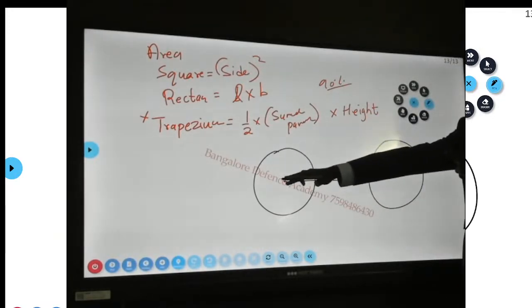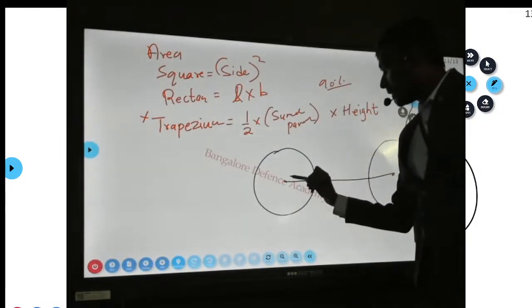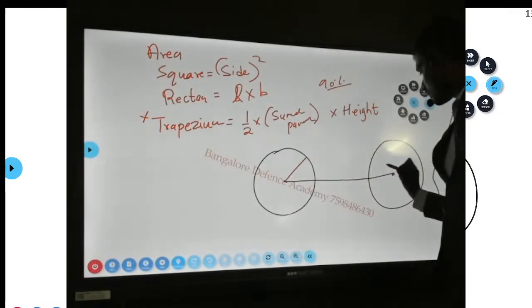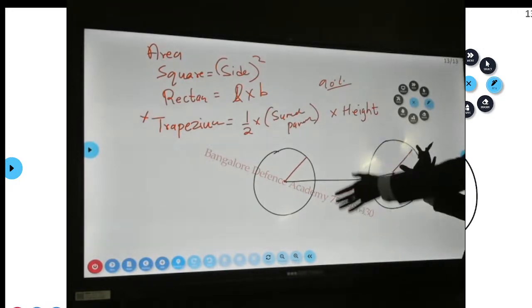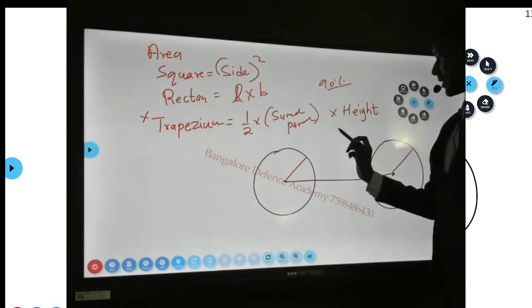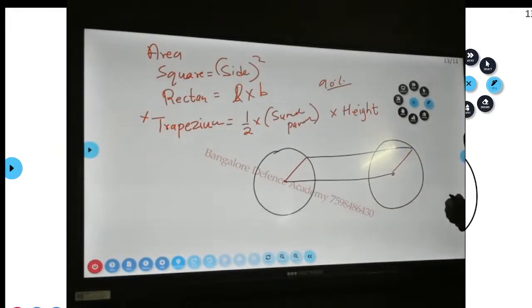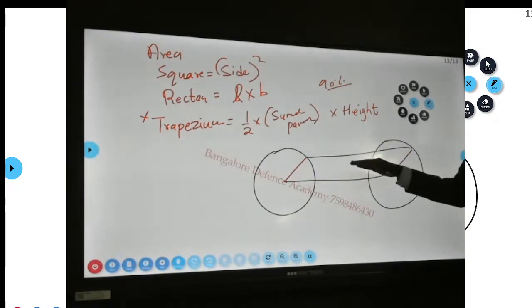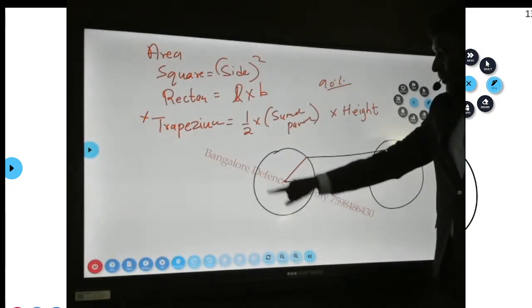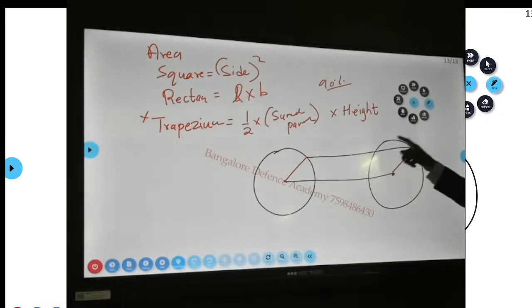Now what do I do? Here I take a small rod, like this, which is a little bit the same, and now I fix another rod here. Now what happens? Suppose this is fixed, but this red one can rotate, and this red one also can rotate.